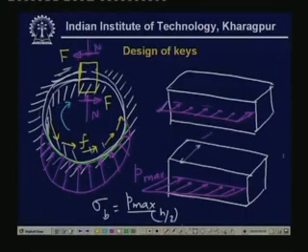They are given in some design handbooks. The analysis of the keys is very complicated, because not any exact analysis is done so far, only some experiments are carried out with the help of photoelastic apparatus, and we have found out roughly the empirical relationship.